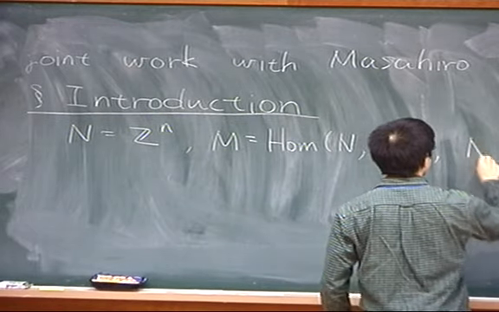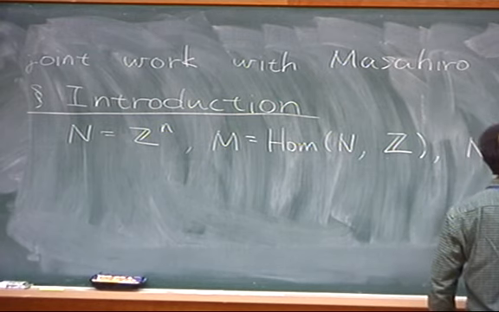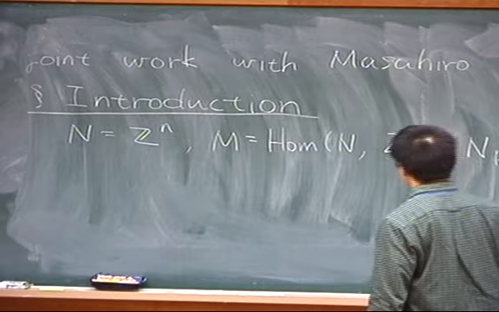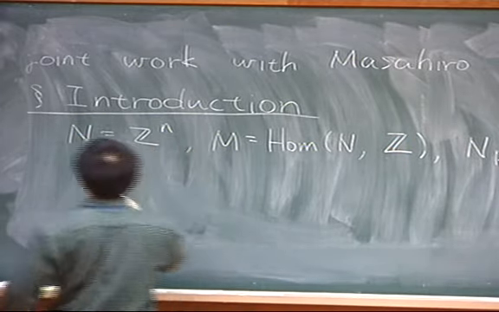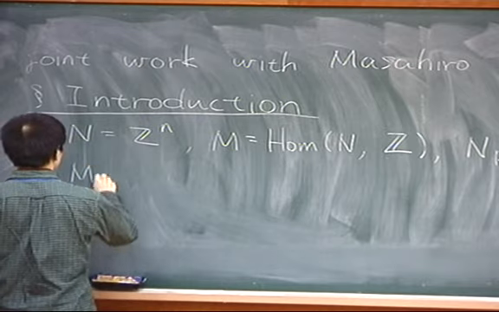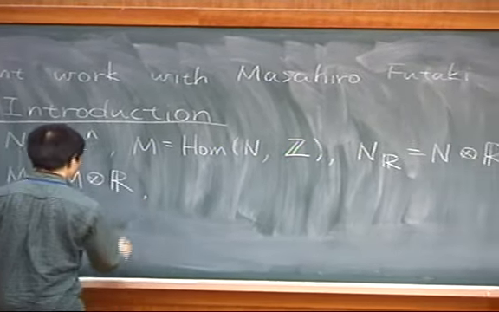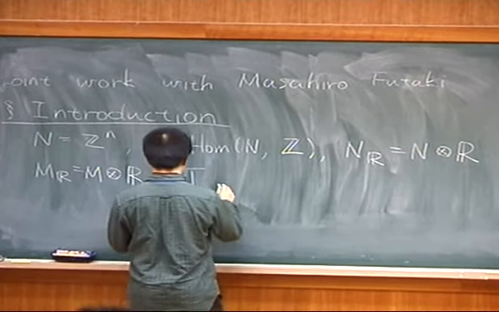N_R is an R vector space, and we use the torus.